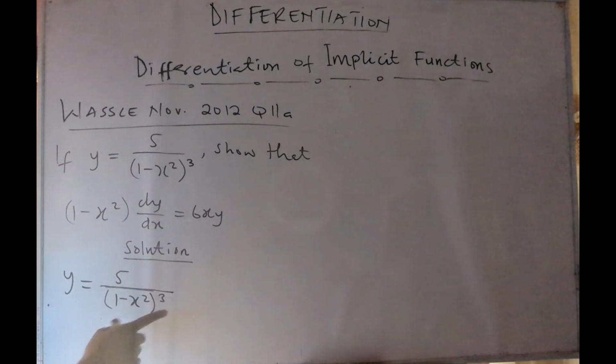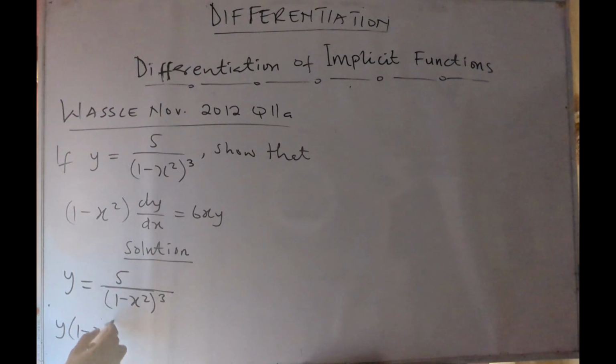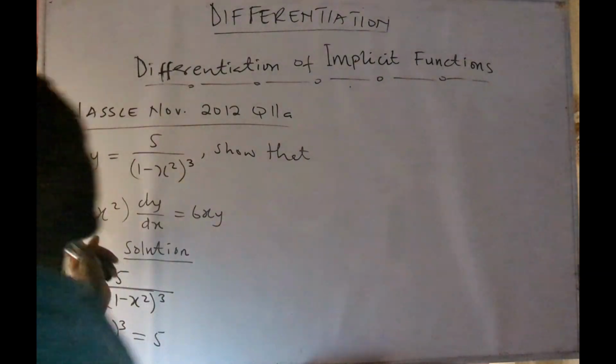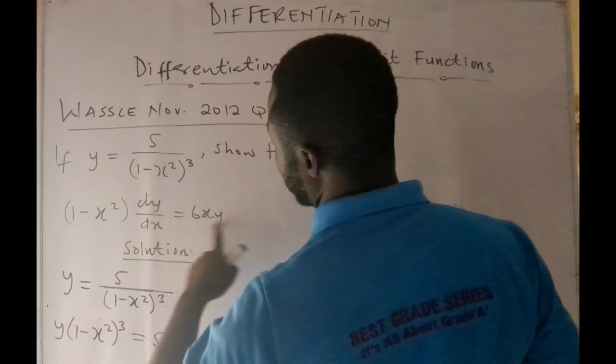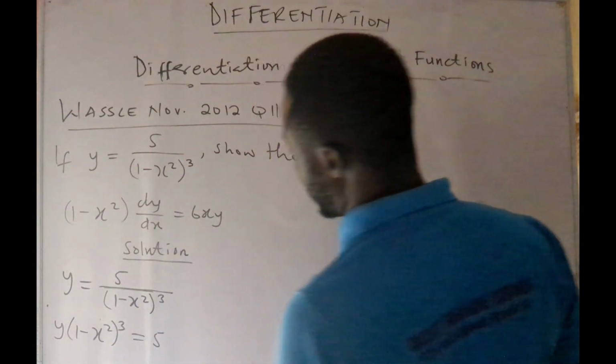So first of all, we are going to take the denominator since it's implicit and multiply by the y. So I have y multiplying (1 minus x squared) cubed equal to 5. Then we apply the product and the chain rule here so that we can get our dy on dx, and then we will be able to show that this is equal to 6xy.